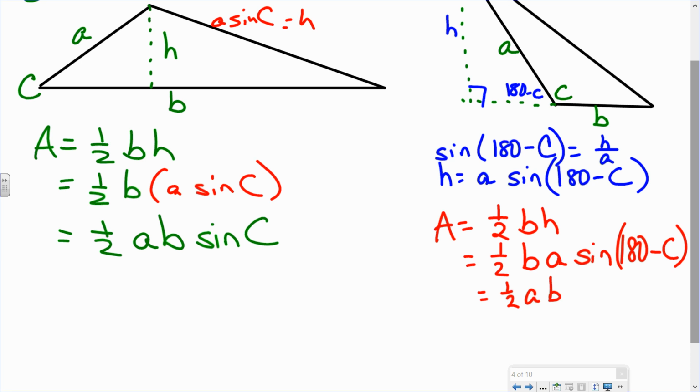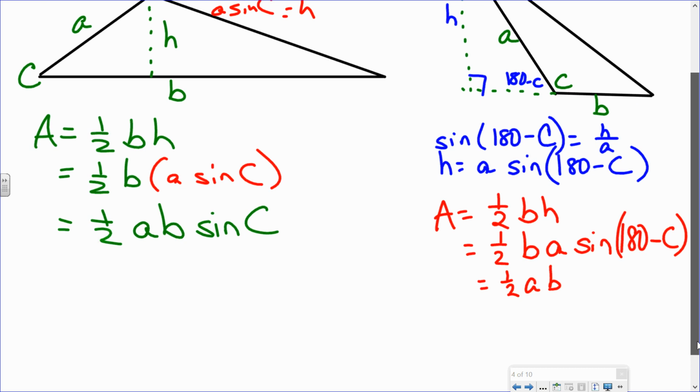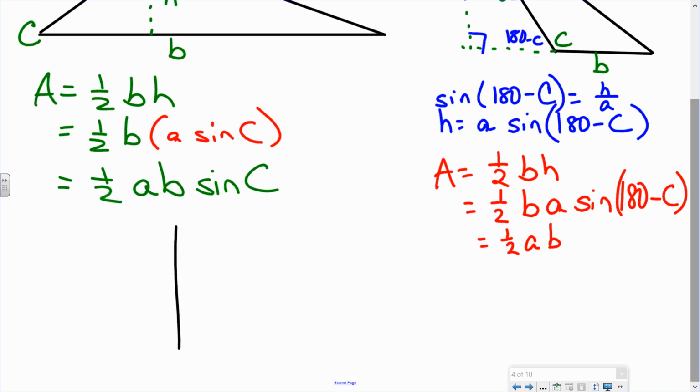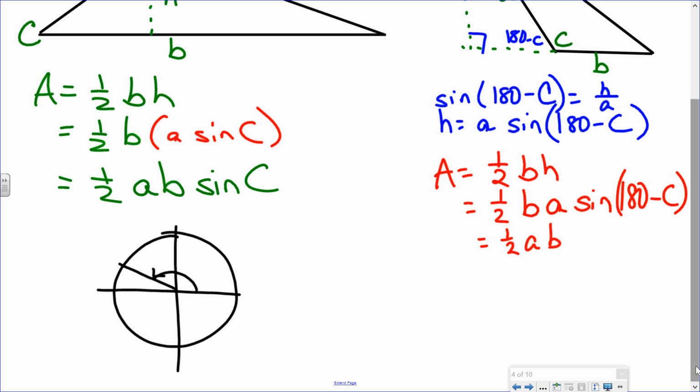Let's think about our unit circle and some things that we know from geometry. So if I have my unit circle and I have some sort of an obtuse angle here, so here is my obtuse angle C, so that this is 180 minus C. Would those y coordinates be the same?